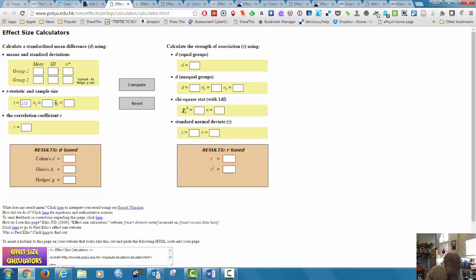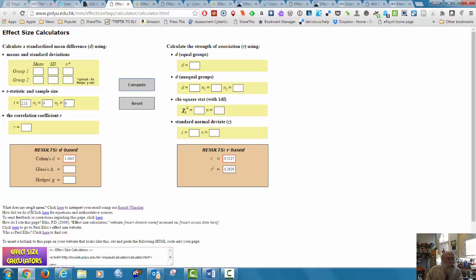And my degrees of freedom respectively were 9 and 6. And now I would do compute. And it's close there. There's that 1.19, that's that 1.21. And there's this 0.26. So there's going to be some rounding, and there's going to be some slight differences there. I wouldn't lose any sleep over that.